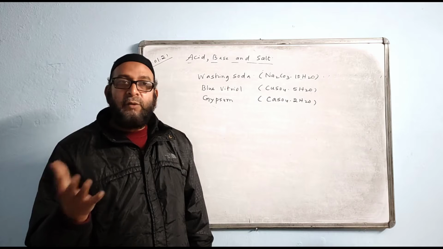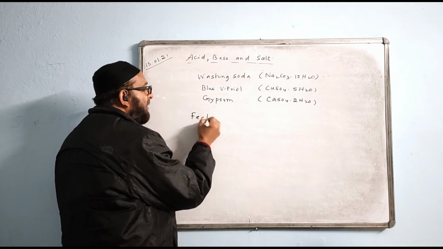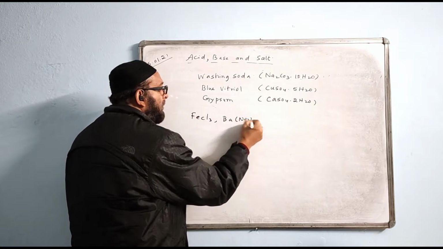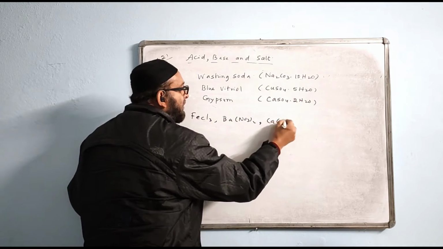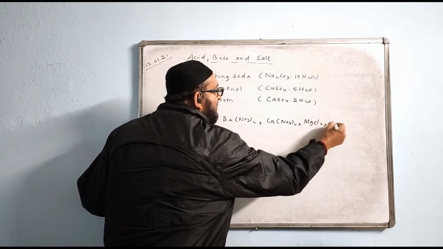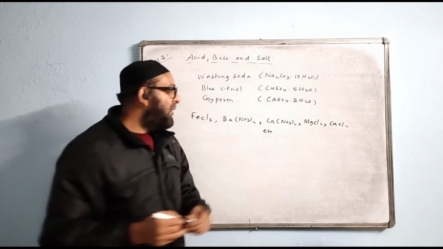What are the examples of deliquescent salts? The examples are FeCl3, barium nitrate, even calcium nitrate, then MgCl2, then CaCl2. They are deliquescent in nature.